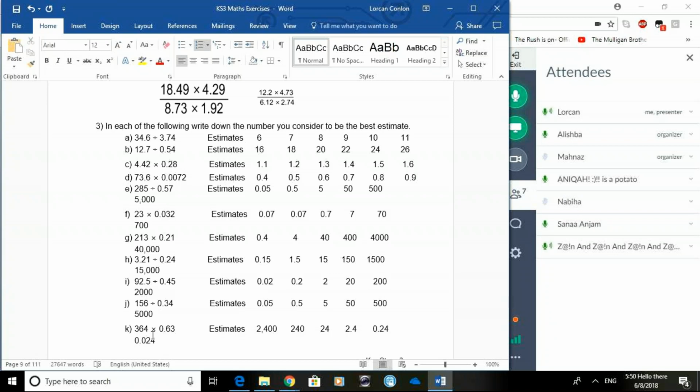So it's going to be 400 times 0.63. What's that to one significant figure? 0.6 is right. So it's 400 times 0.6.